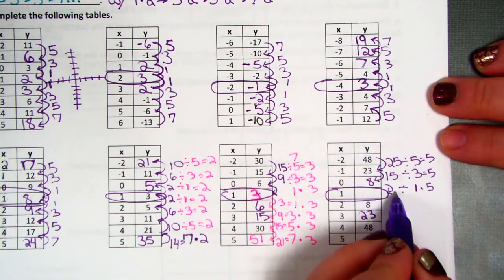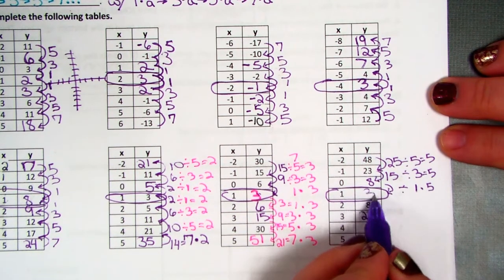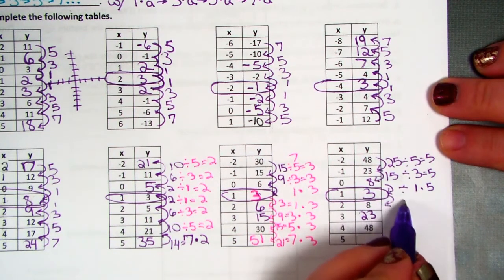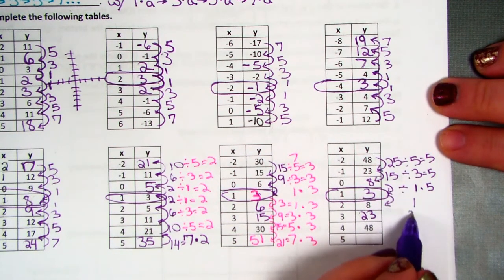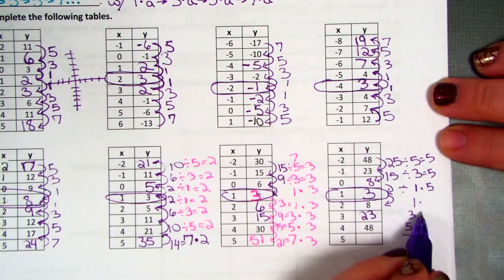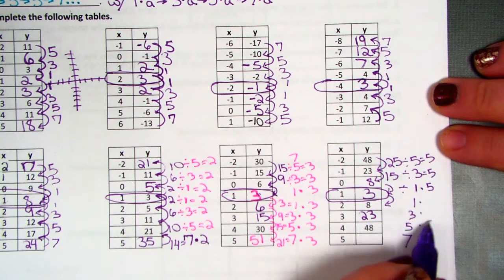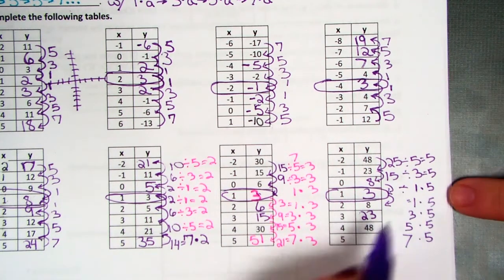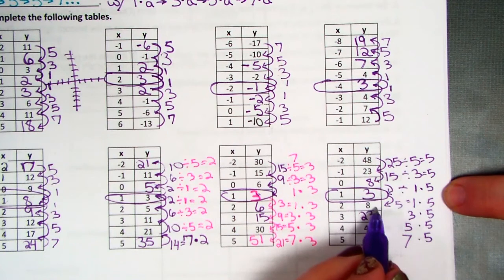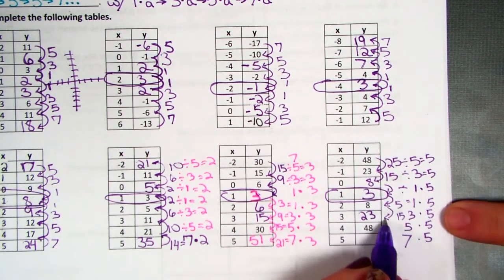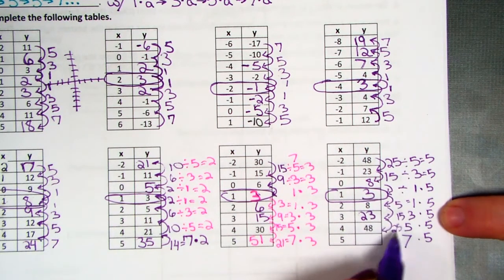This distance should also be 1, 3, 5, 7. And we found our A value was 5. So this distance should be 5. This distance should be 15. This distance should be 25. And this distance should be 35. So 48 plus 35 gives me 83.